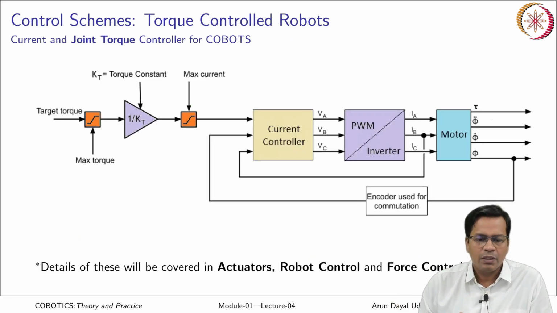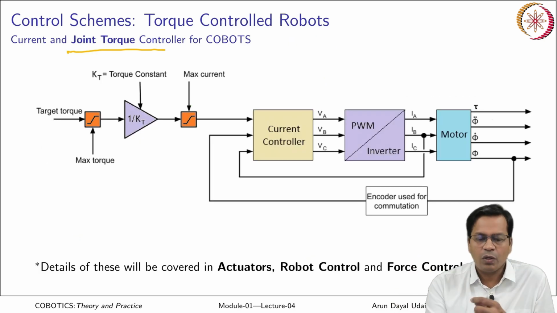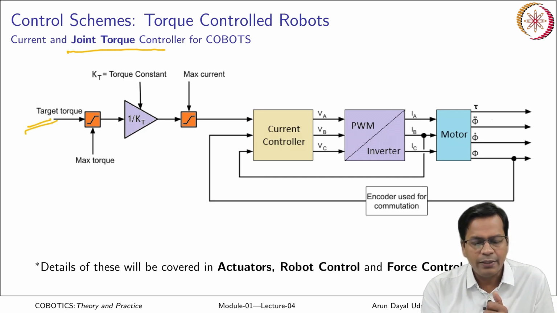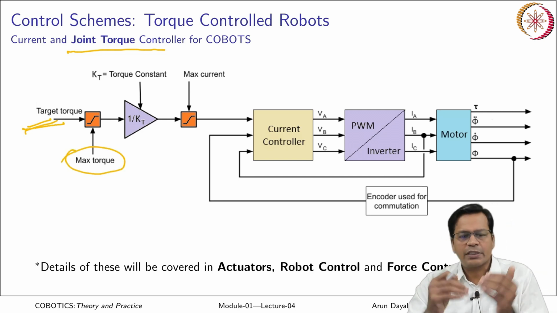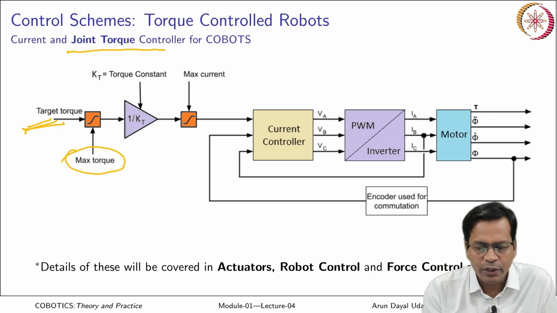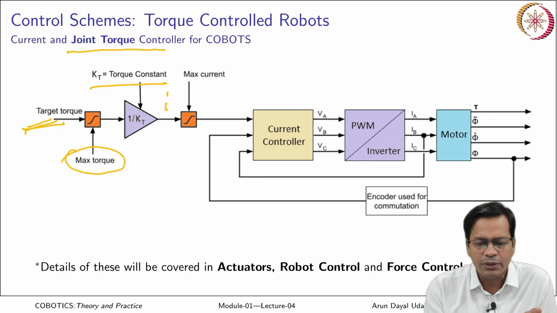Now next, if at all it is a joint torque controlled actuator, what it has basically, it can take in the commanded torque also. Okay, so torque is commanded here, checked for any maximum limit. If it should not accept that, multiplied with 1 by kt, kt is the torque constant, it calculates the current reference.